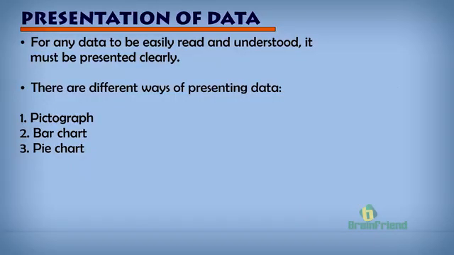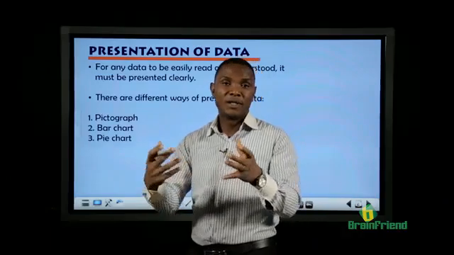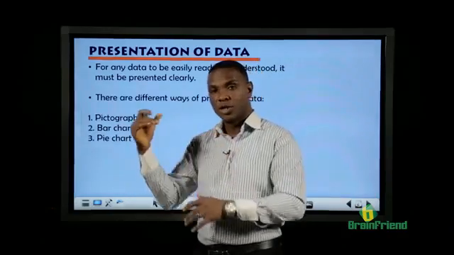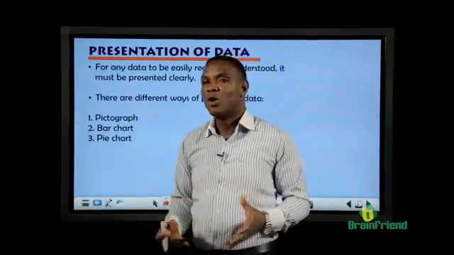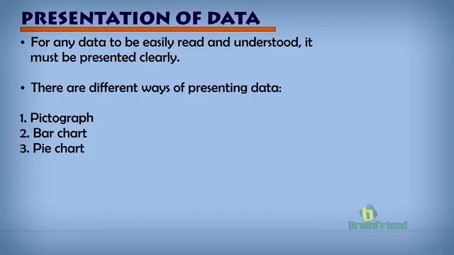Now, for any data to be easily read, just like the data we got earlier about the number of vehicles on that street, it must be presented clearly. So I have my data in a table form, just like we saw earlier, but I want to present it maybe to someone or a group of people. I can make it colorful, I can make it very easily read and understood by making use of 3 different ways.